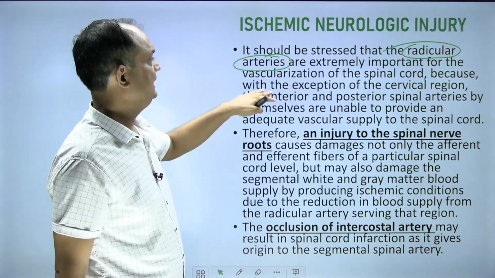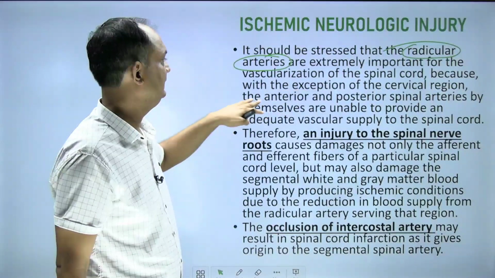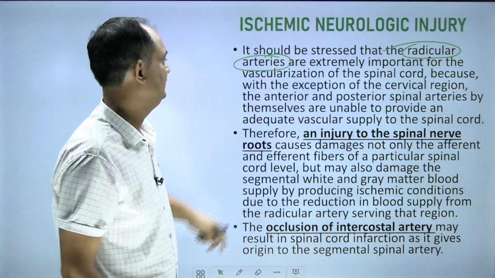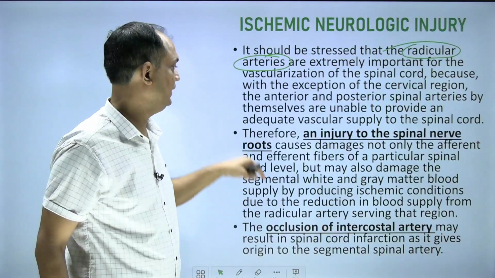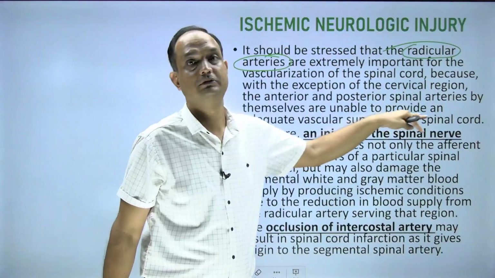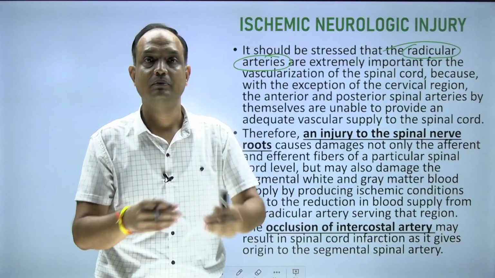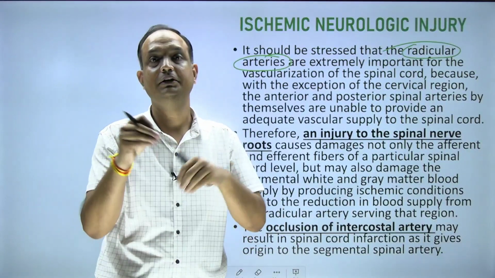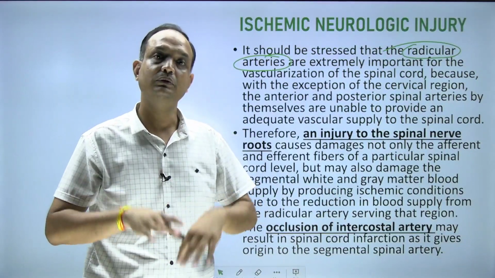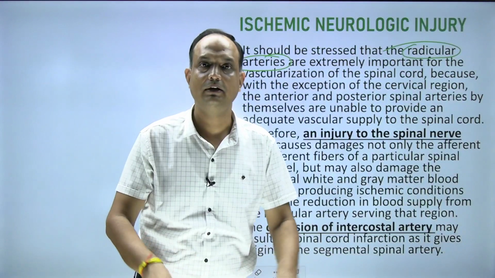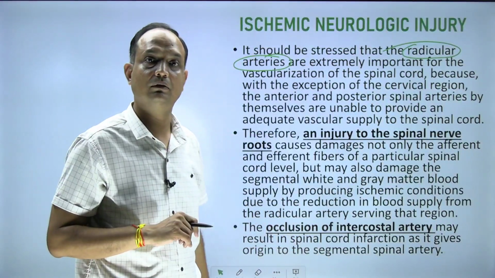With the exception of the cervical region, the anterior and posterior spinal arteries are unable to provide adequate blood to the spinal cord. So these feeder arteries give blood to the anterior and posterior spinal arteries, and through them the blood enters the remaining part of the spinal cord.